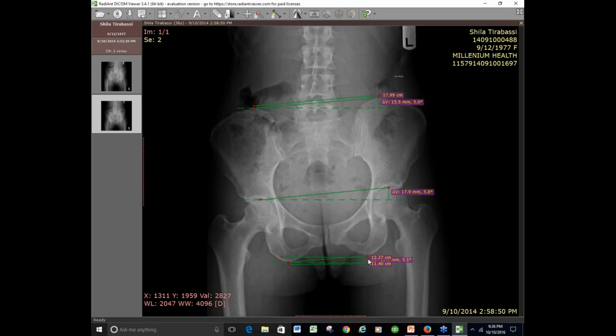Give me a second. Are you getting your x-rays now on CDs? We're basically getting all of our x-rays on CDs, so I haven't done a lot of hand calculations. There is a way to do the hand calculation, and I will personally send that to you, actually. Yeah, thank you. And I'm writing it down right now.